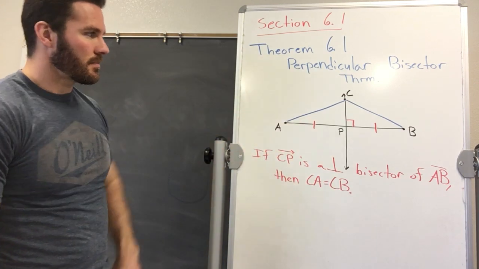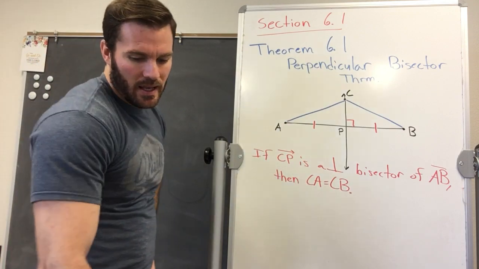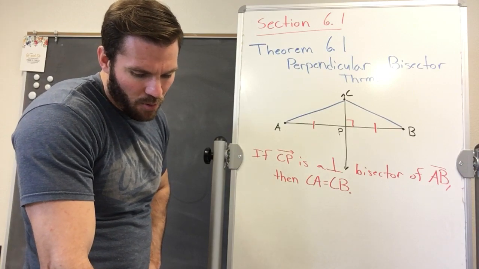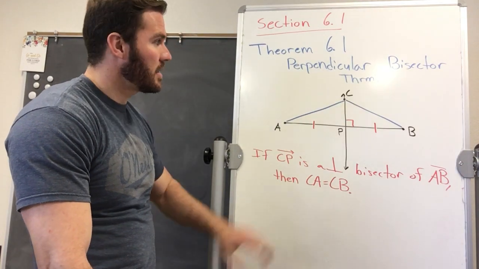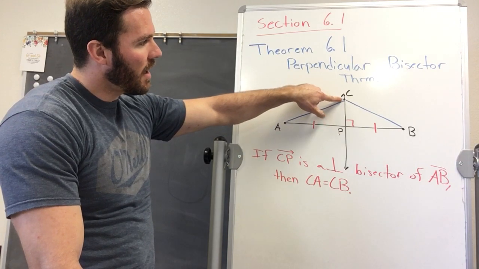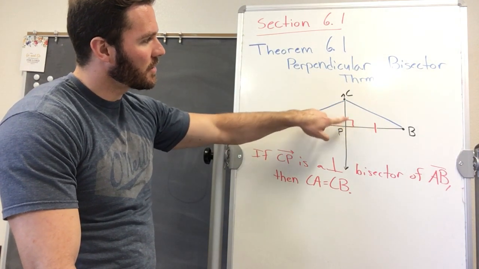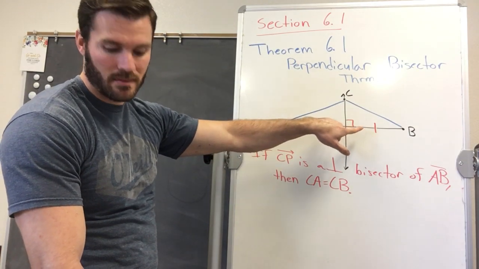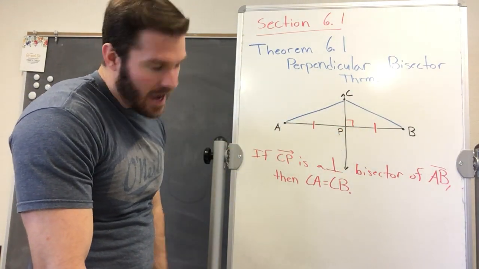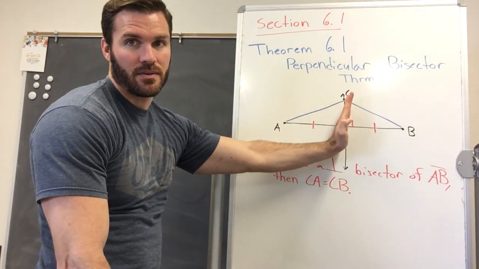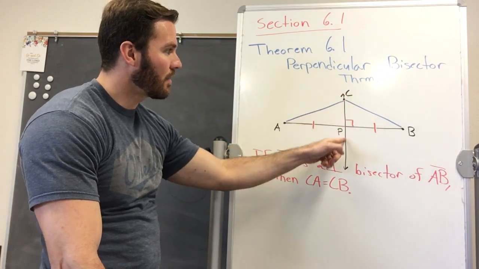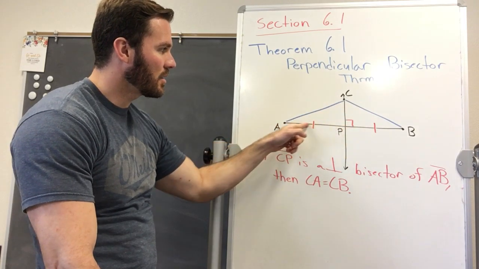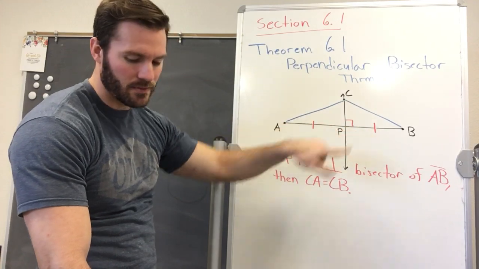This one basically, when you have the theorem in your book says, in a plane, if a point lies on a perpendicular bisector, so this line is perpendicular to A and B, okay? And bisector means it's cutting it in half. So this line right here is the perpendicular bisector cutting the AB into two equal halves.